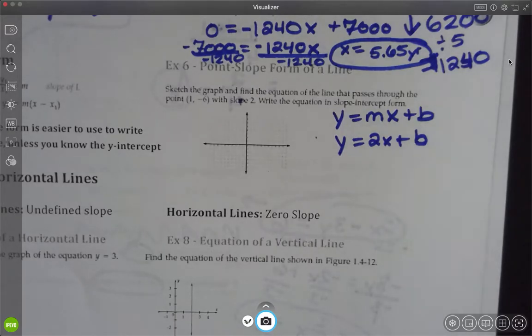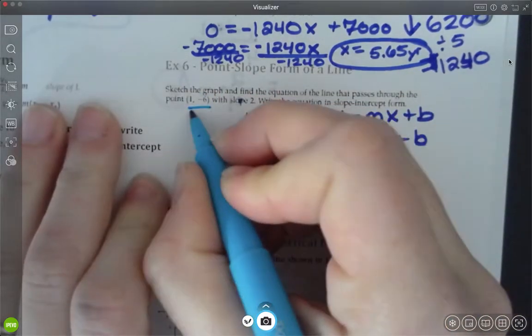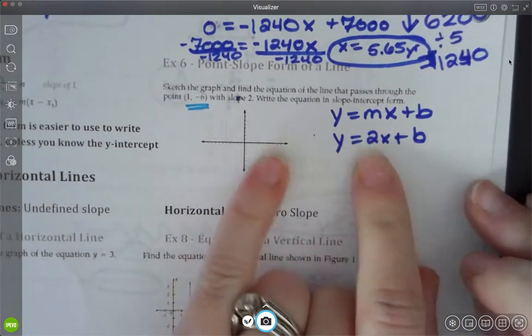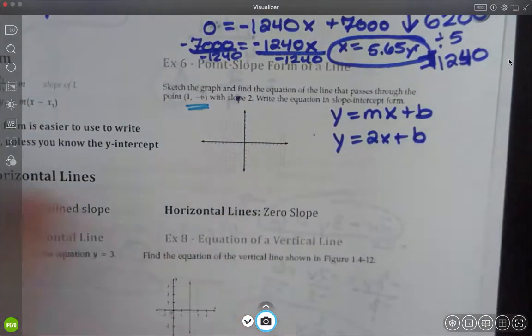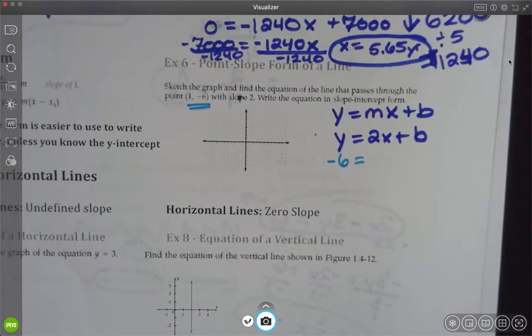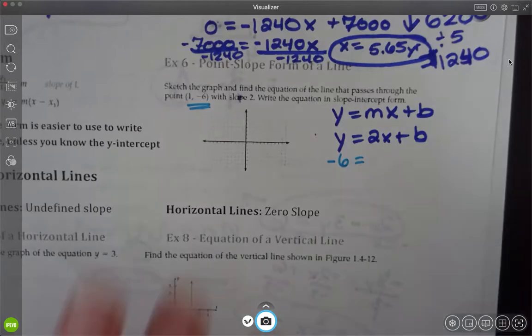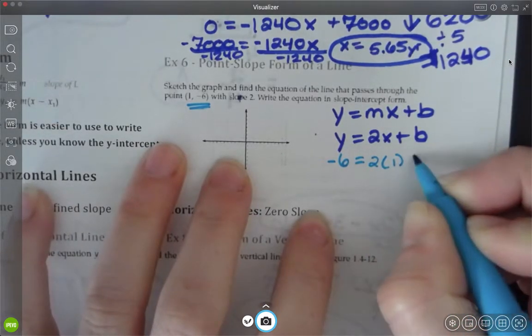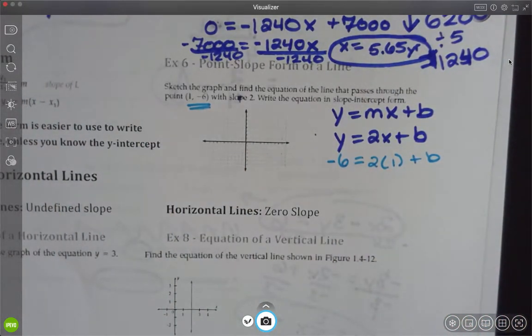Let's use that one point. This (1, -6) needs to go in here. Negative 6 is Y. Don't get confused: just because the Y comes first doesn't mean you put the first number in there. 1 for the X. So negative 6 equals 2 times 1 plus B. Now you solve for B.